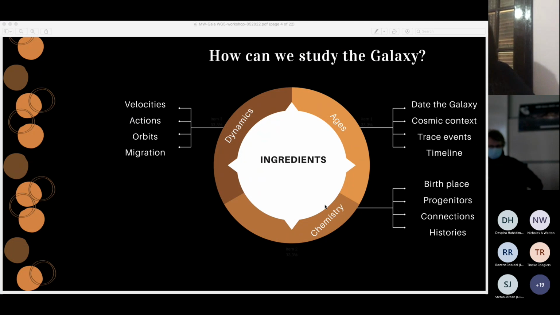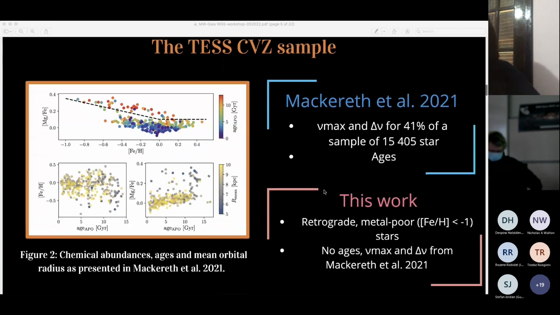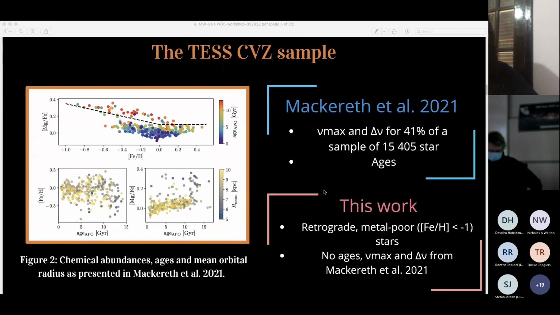In order to do this research about accreted star candidates, we use the TESS CVC sample, or the TESS CVC catalog, which is a catalog of very good data observed by TESS. The TESS CVC catalog was also explored in Mackereth and collaborators 2021, where the authors were able to calculate nu max and delta nu for thousands of stars and also ages for hundreds of stars.